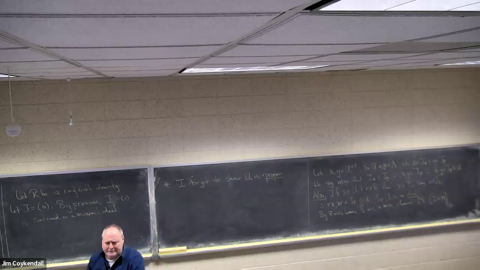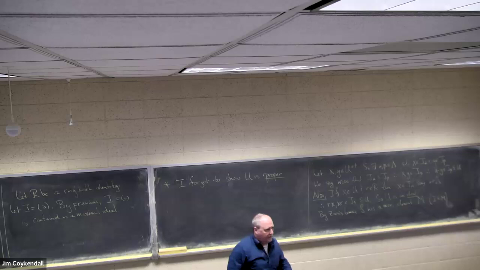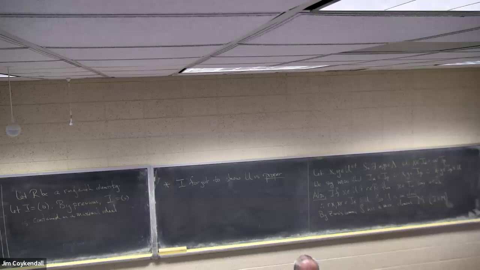Let me give you guys a hint. The hint is very important on the fact that my assumption here is a ring with identity. An ideal is proper if and only if what? It doesn't contain the identity.